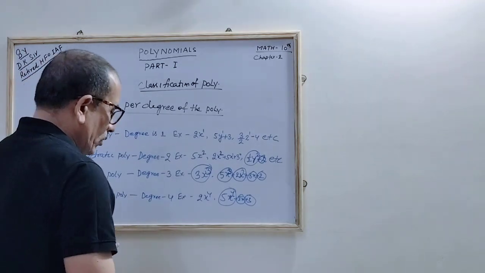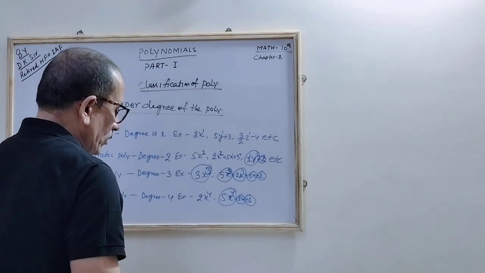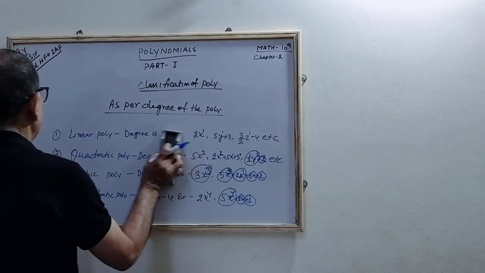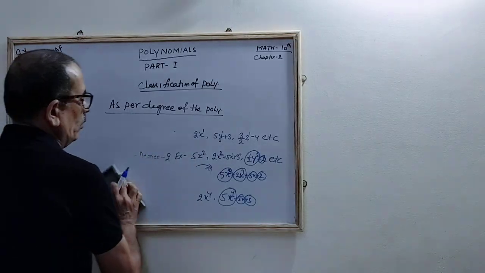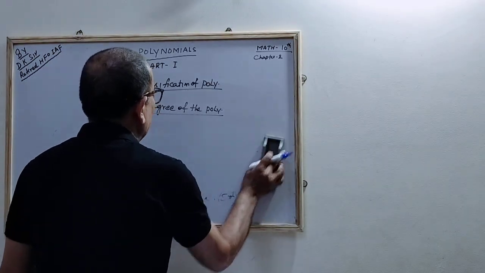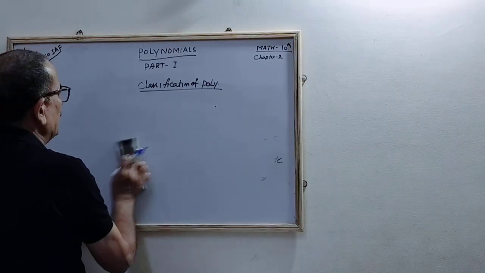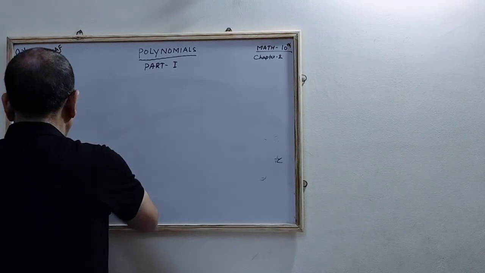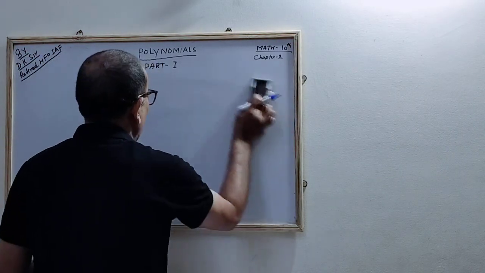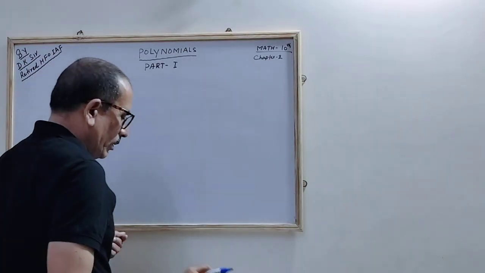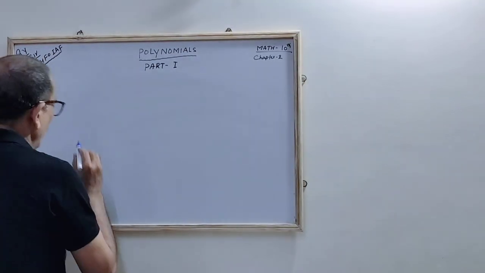Now we'll see the question. The next is to find the value of the polynomial. You have seen the different types of polynomials, the classification of the polynomial we have seen. Now we'll see the question. So what can be the question? Find the value of the polynomial.